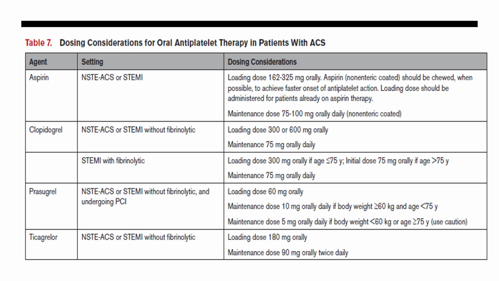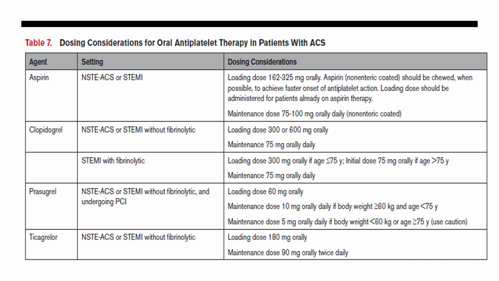Then clopidogrel should be given in non-ST elevation or ST elevation MI without fibrinolytic. So the loading dose is 300 or 600 milligrams orally with a maintenance dose of 75 milligrams once daily. Then STEMI with fibrinolytic: loading dose is 300 milligrams orally if age is below 75 years. Then initial dose 75 milligrams orally if age is above 75 years.